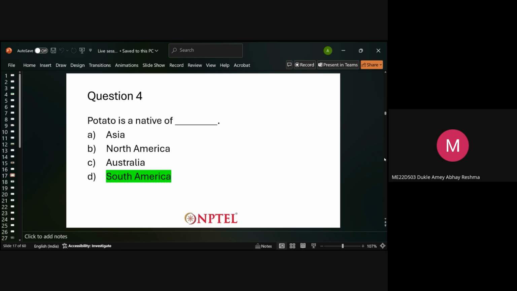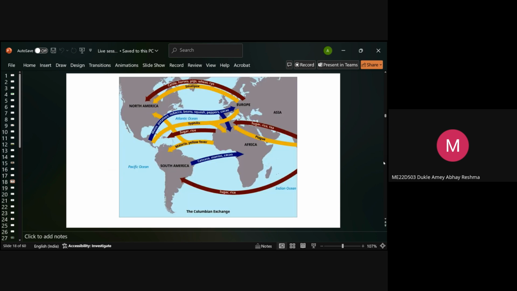If you look at how all the plants have migrated across the globe, you will see that potato and tomato, even the Hindi names, batata and tomato, are derived from the English names.